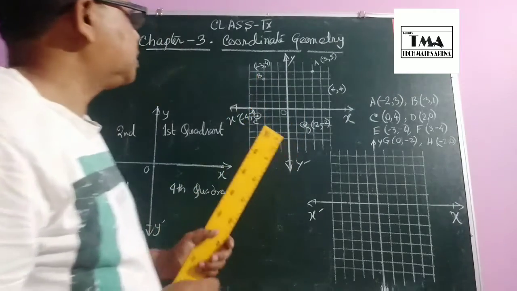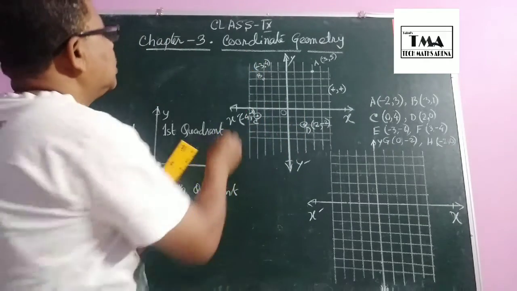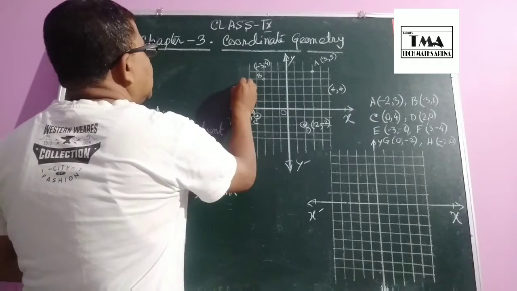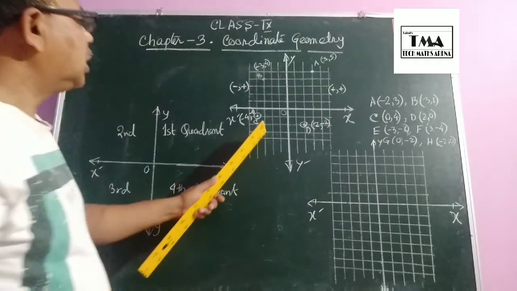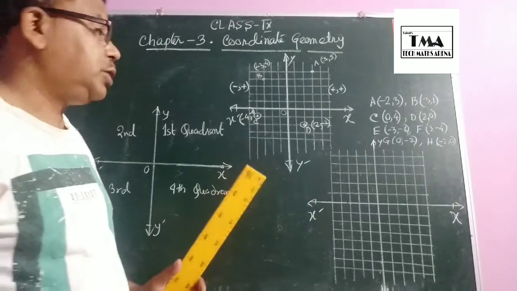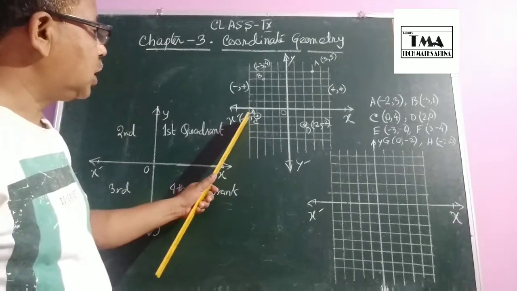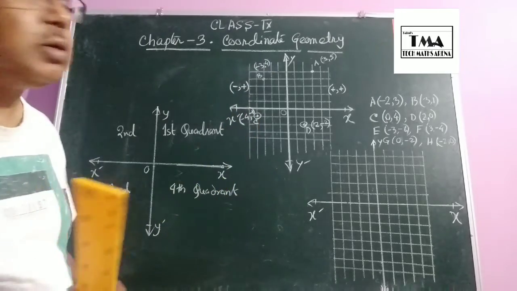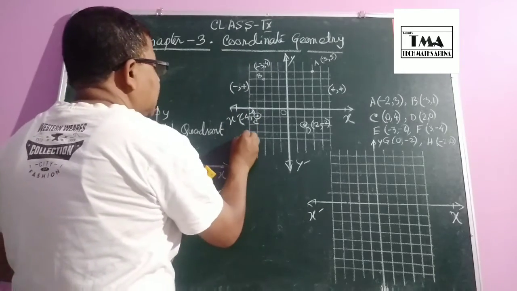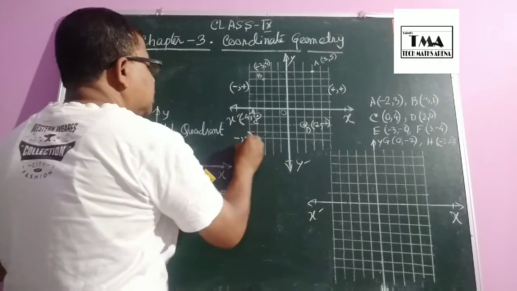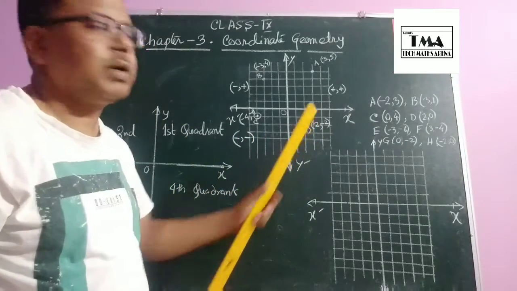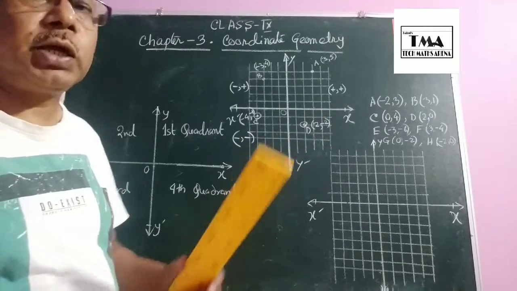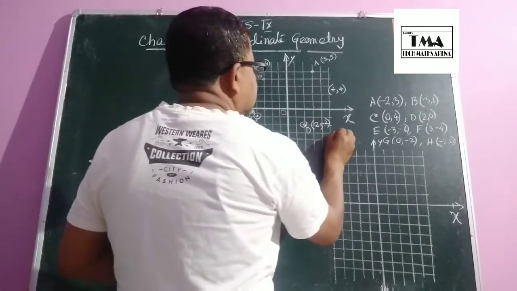In the second quadrant we have seen (-, +), so we get points of the form (-, +). In the third quadrant, the x coordinate is negative and the y coordinate is also negative, so the form is (-, -). And in the fourth quadrant we have (+, -), meaning x coordinate positive and y coordinate negative.